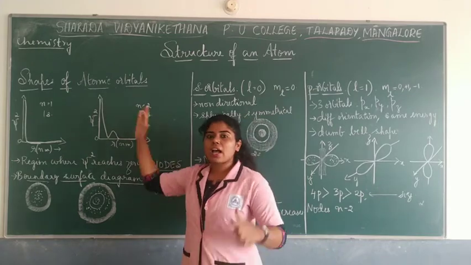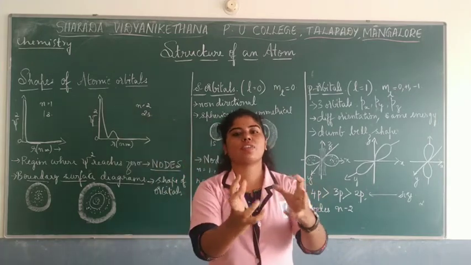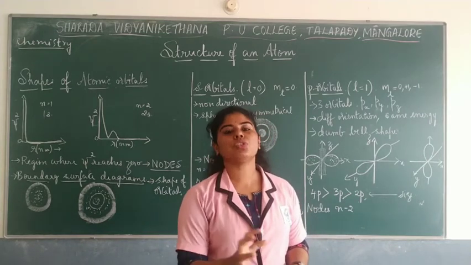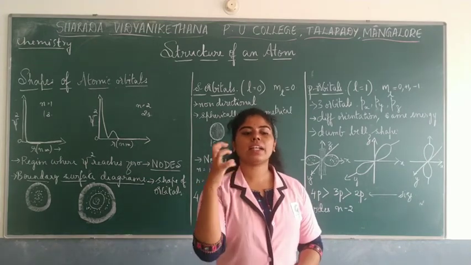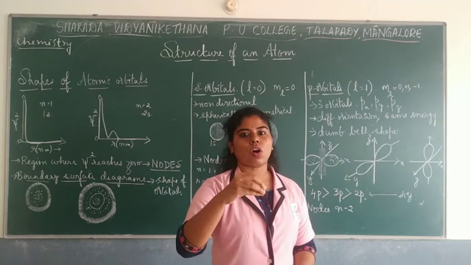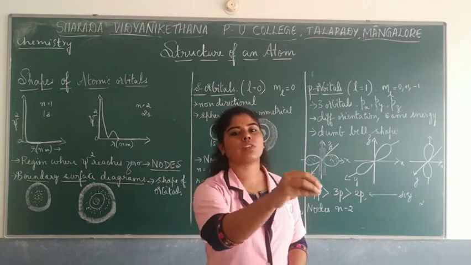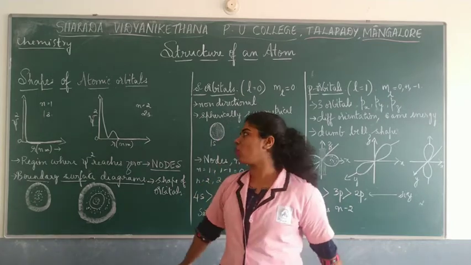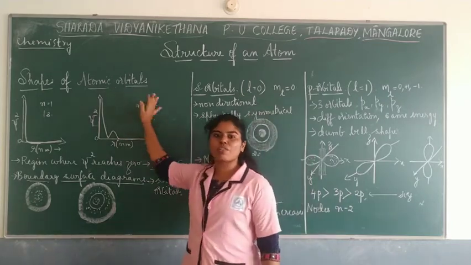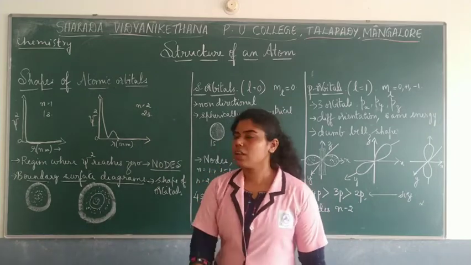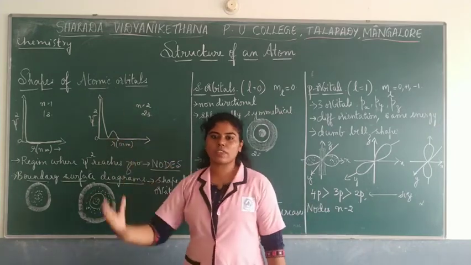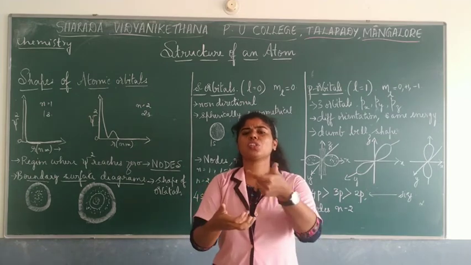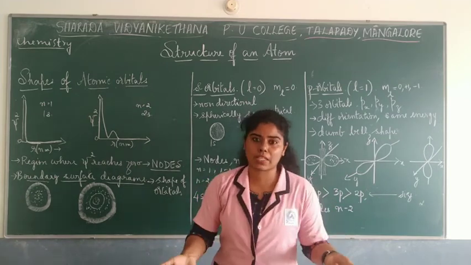Now you know that our main basis is the Schrodinger wave equation, right? The solutions we get indicate the probability of the electron being present in a particular space inside an atom. So talking about the shapes of atomic orbitals, at the start of identifying these shapes, what would be the shape where the electron is present?